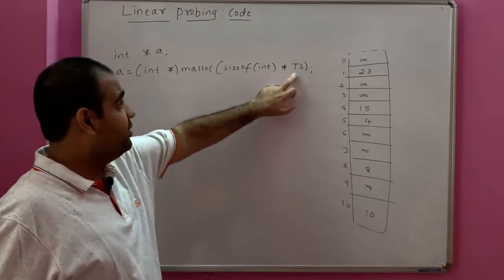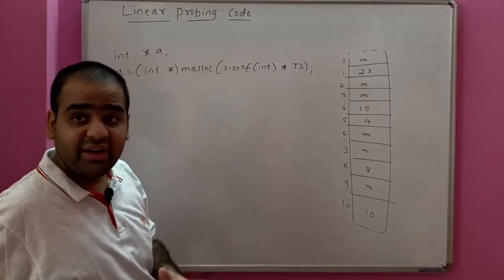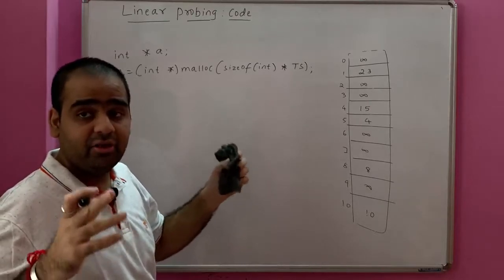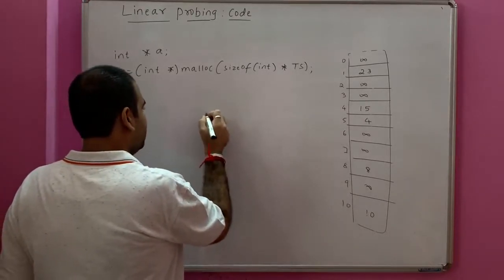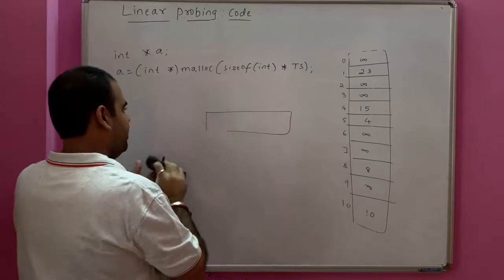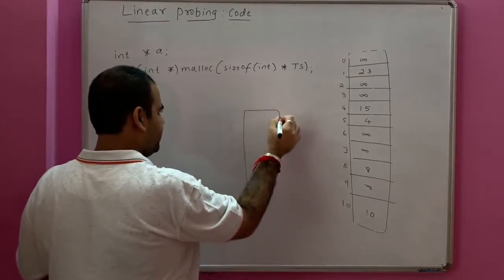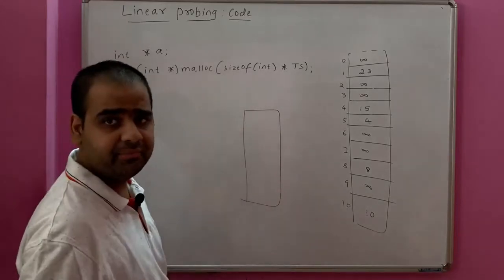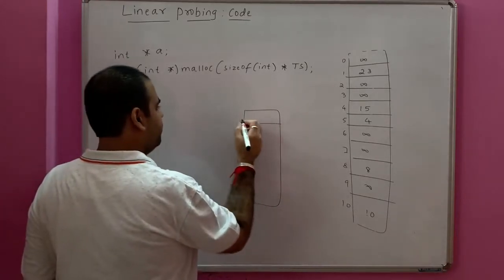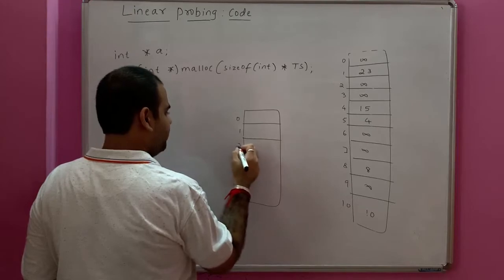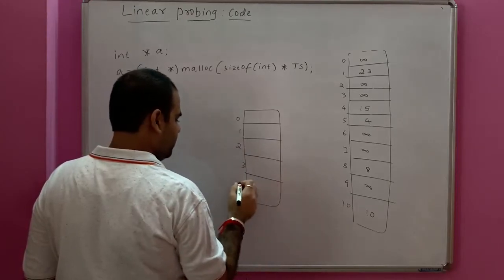Now, if the table size is 5, 5 into 4 is 20, so 20 bytes of memory will be allocated continuously. You can draw the 20 bytes this way or horizontally; it doesn't make any difference, you just have to rotate it 90 degrees. Here it is 0, 1, 2, 3, 4.